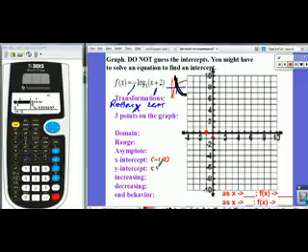Y-intercept, 0, comma, negative 0.63. Okay, let's keep going. 1, negative 1. 7, negative 2.